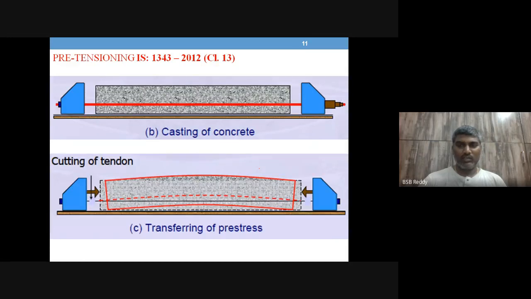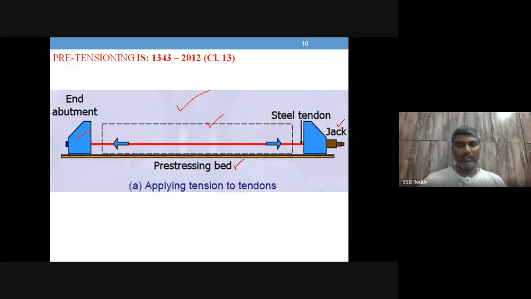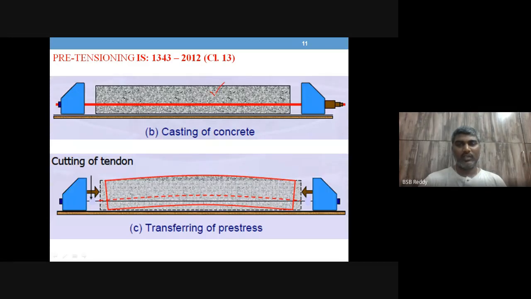Once the tendon is anchored at one end and pulled by the jack at the other end, and the tensioning operation is done, you prepare the concrete. Once the concrete is hardened, you cut the tendon.